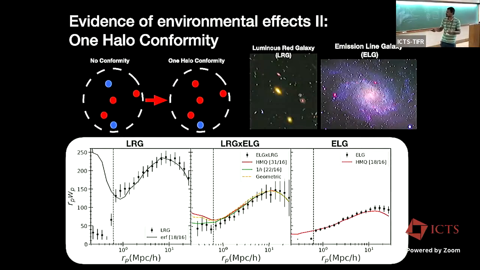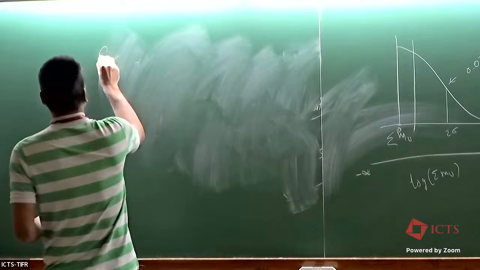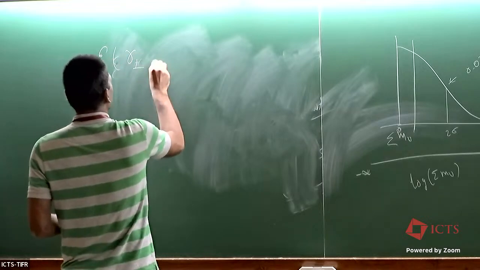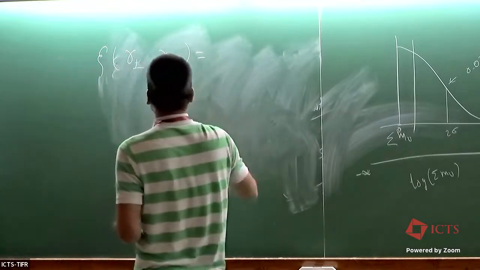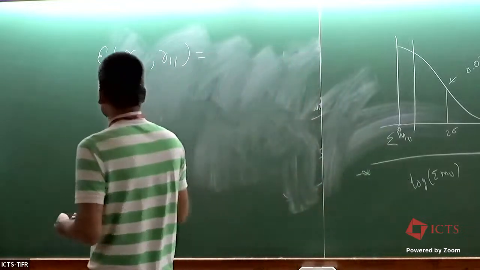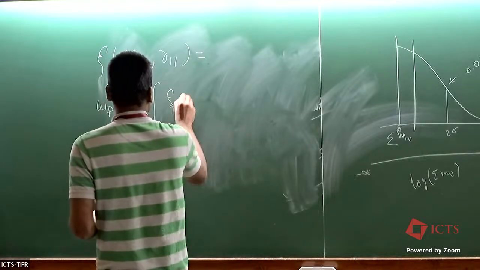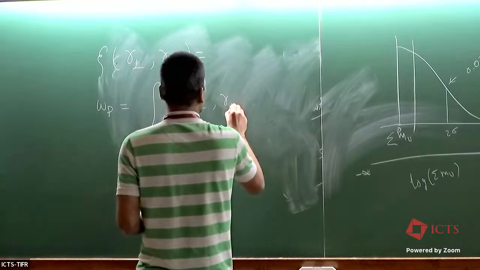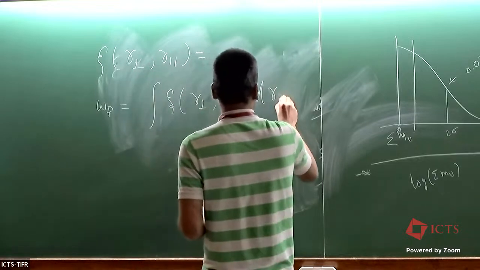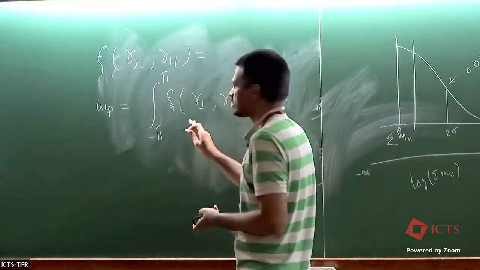What is it plotting? It's plotting the projected correlation function. If you remember, we calculated R parallel and R perpendicular from simulation, and we are going to do that with data. And you have also calculated WP. So this is a projection of that.